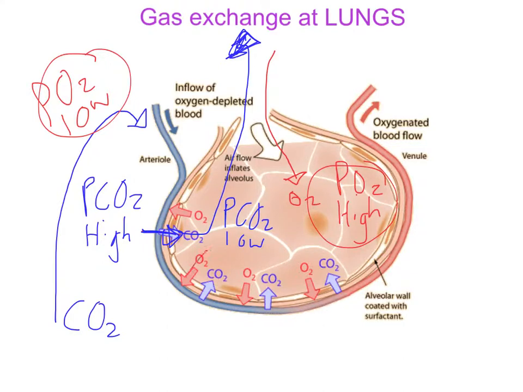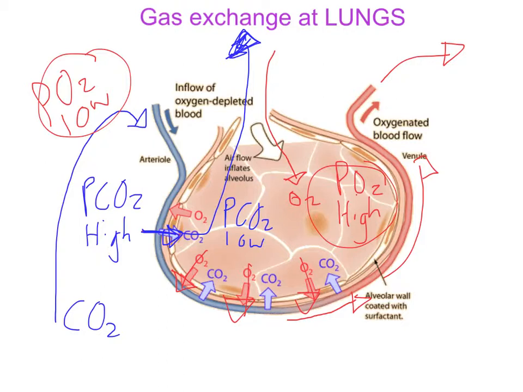Because of that difference, the oxygen diffuses from the alveoli into the capillaries. We can see the change here in the blood, that it's starting to become more coloured and leaves as red, and it's now oxygenated. It's full of oxygen. The pressure of oxygen is high. So this is what we want.